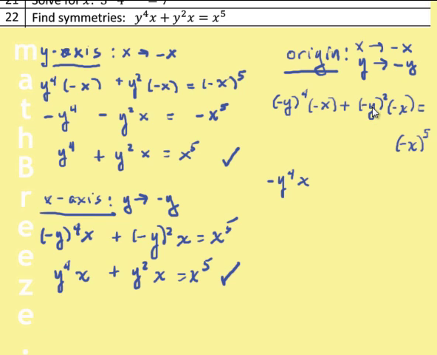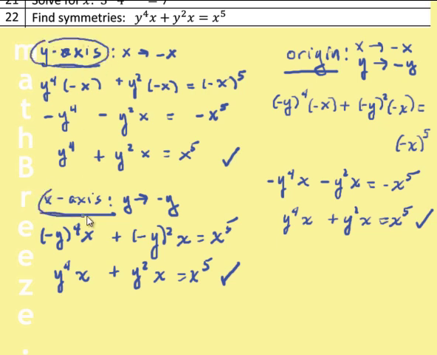And here we have y squared, and I'll put that negative in front. And here we have minus x to the fifth. Multiplying both sides by negative 1, we get the same thing back. So we have all symmetries. Y-axis symmetry, x-axis symmetry, and origin symmetry, all three.